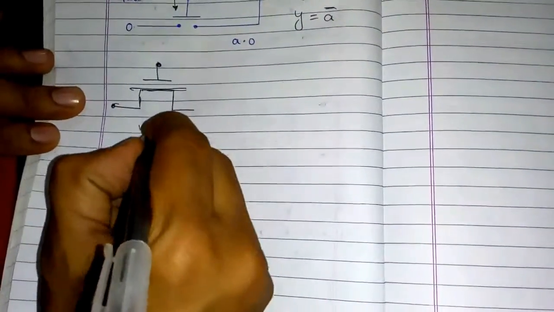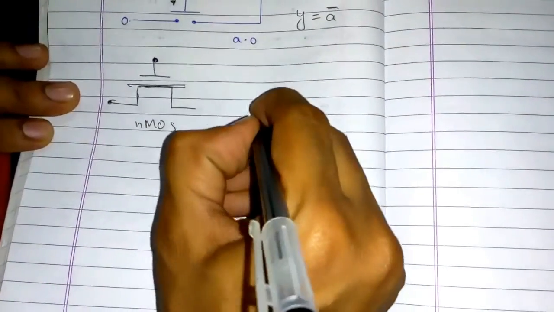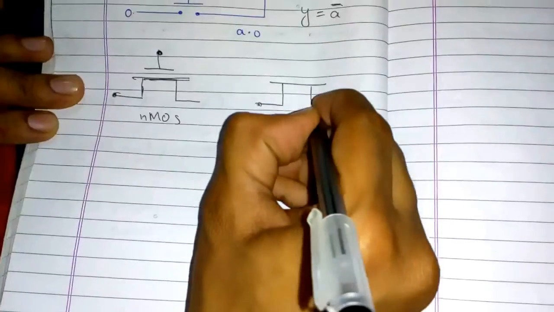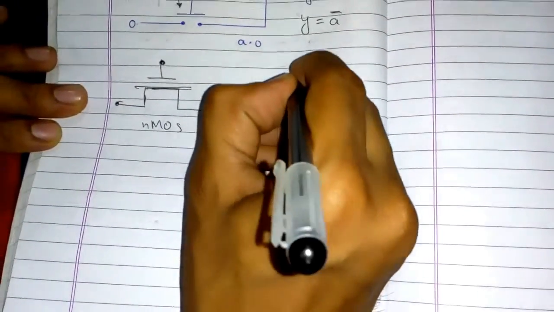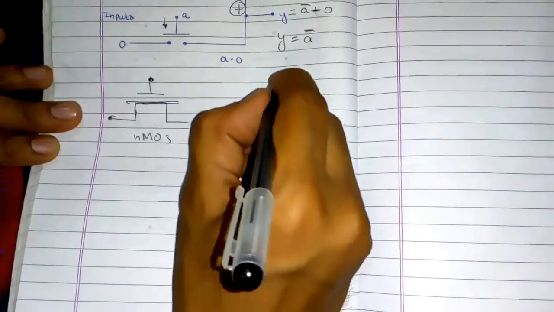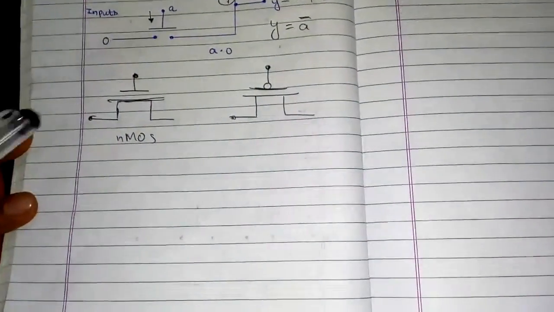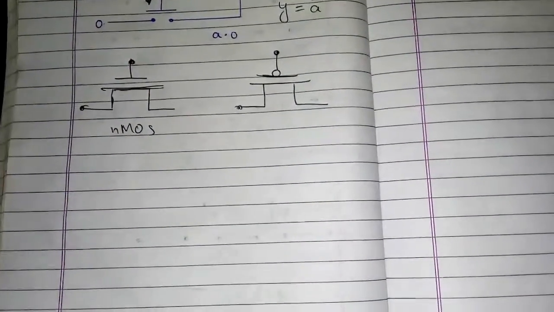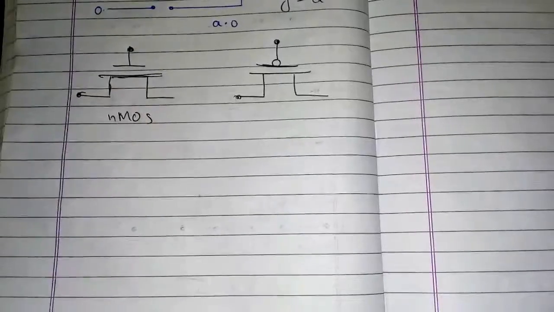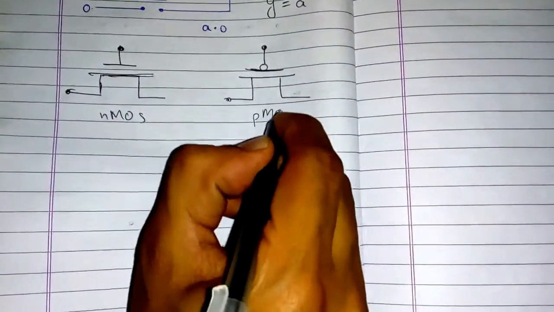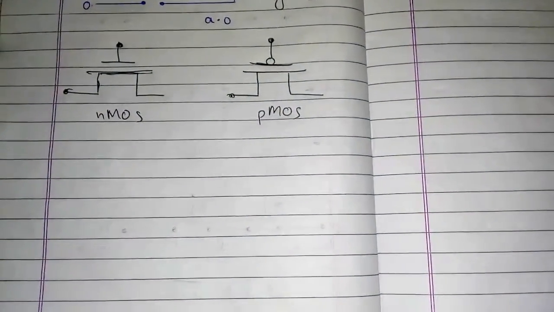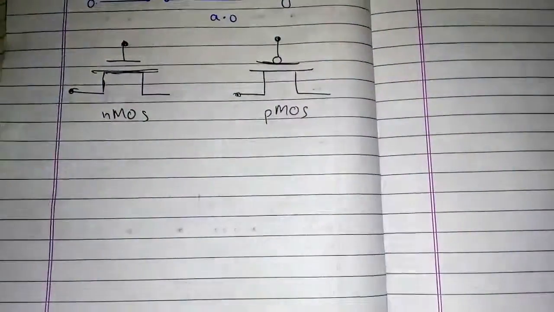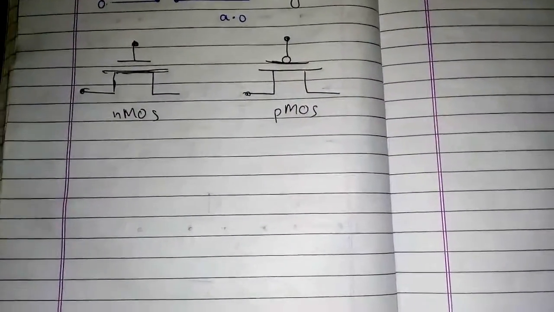and this is NMOS, and a PMOS looks something like this. So this is similar to the assert high switch without any bubbles, and this is similar to the assert low switch with bubbles, and by using both of these you can create a NOT gate.